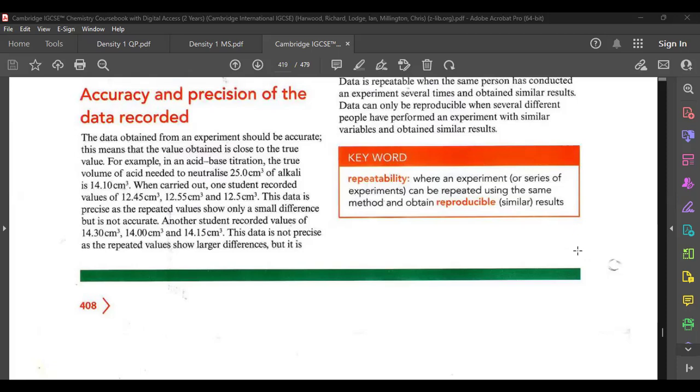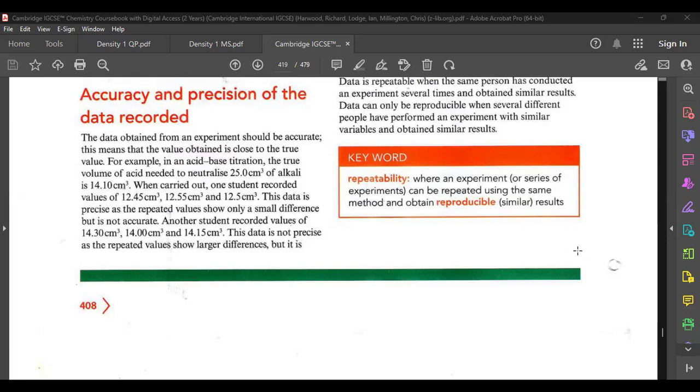In the example discussed in the book, there is an acid-base titration example. The true volume of acid needed to neutralize, let's say, 25 cubic centimeters of alkali is 14.10 cubic centimeters. That means 14.10 cubic centimeters of acid is going to neutralize 25 cubic centimeters of base.